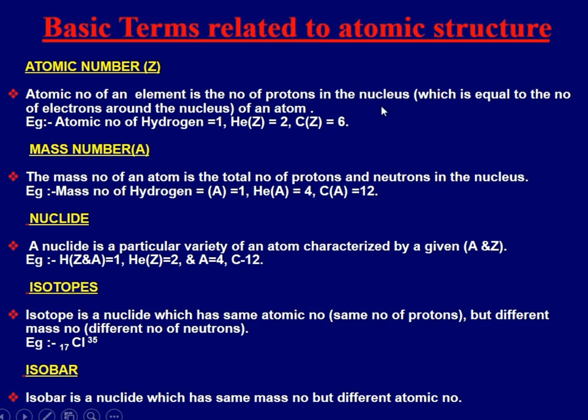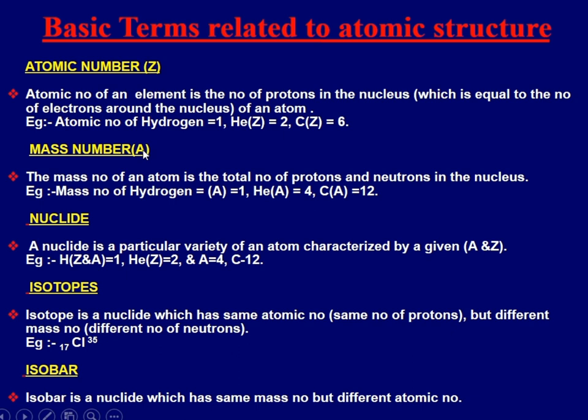Since the number of protons is equal to the number of electrons in a neutral atom, it is also the number of electrons in a neutral atom. The atomic number Z of hydrogen is 1, for helium it is 2, and for carbon it is 6, and so on.